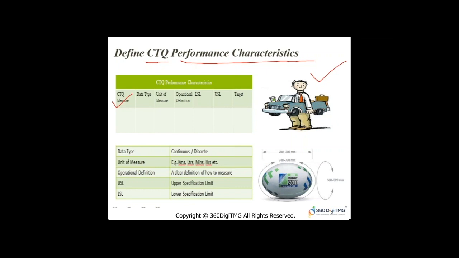Right? If you're measuring the arrival time, then what is the data type? Is it continuous or discrete? Time is always continuous. Why is it called continuous?